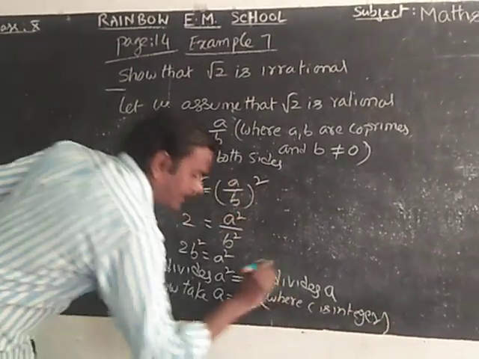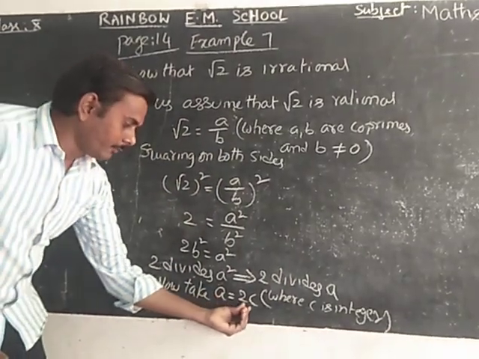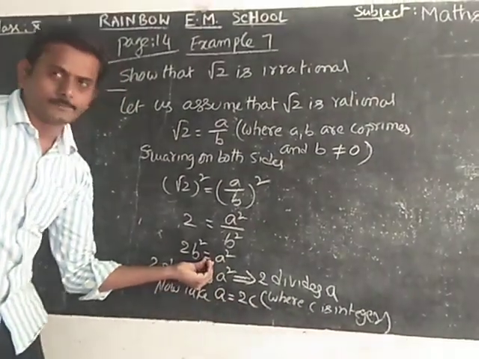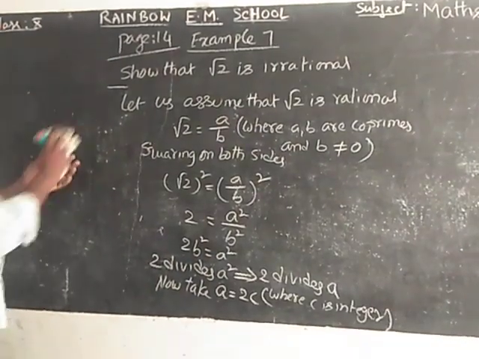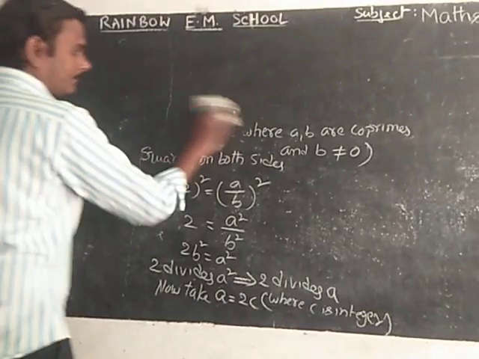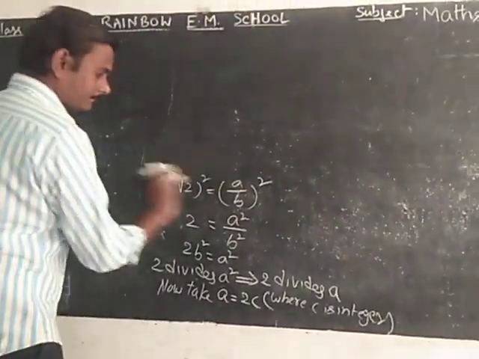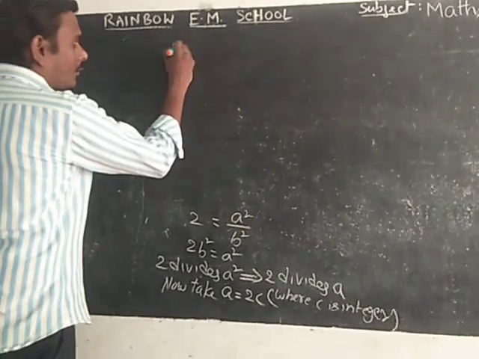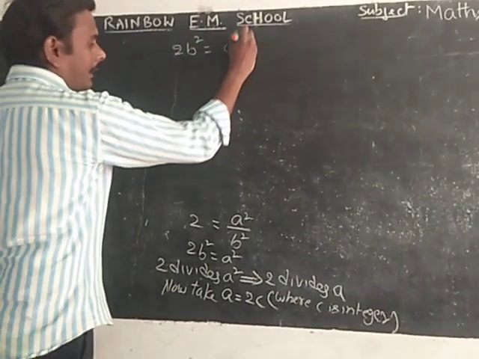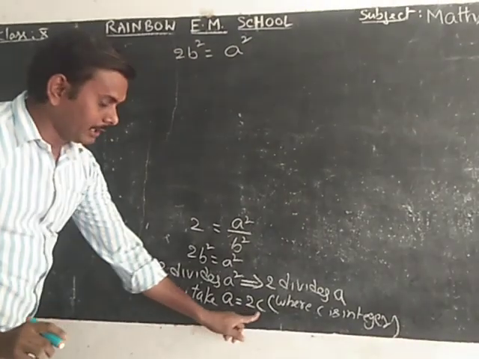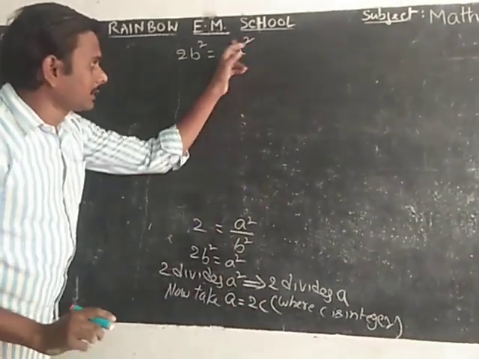Now replace this a value in this equation: 2b square equal to a square. What we have taken here is a equal to 2c.